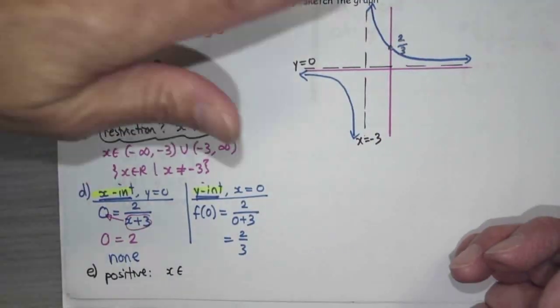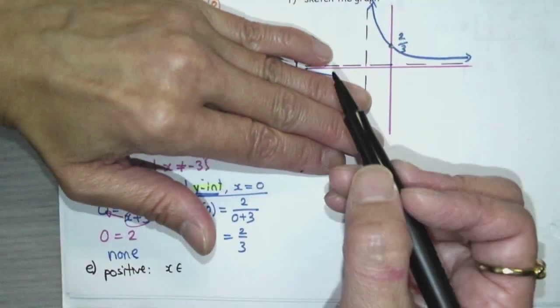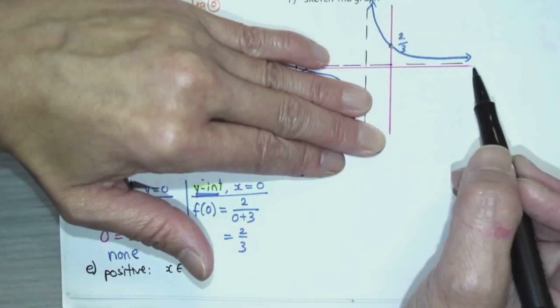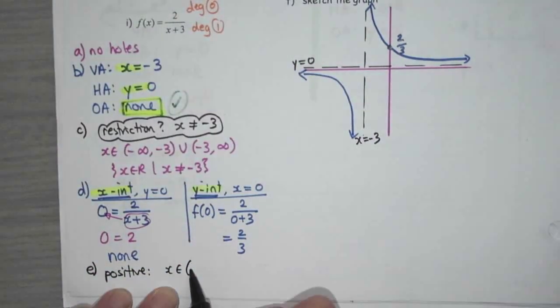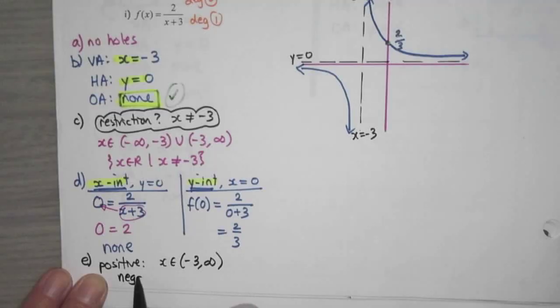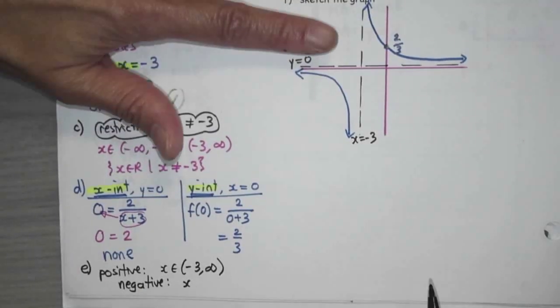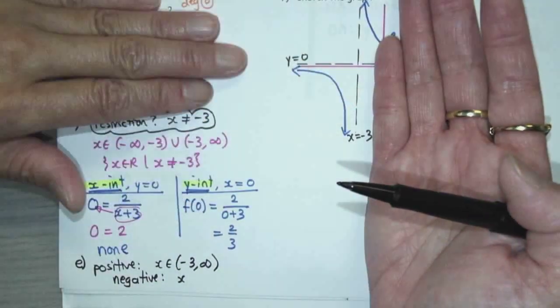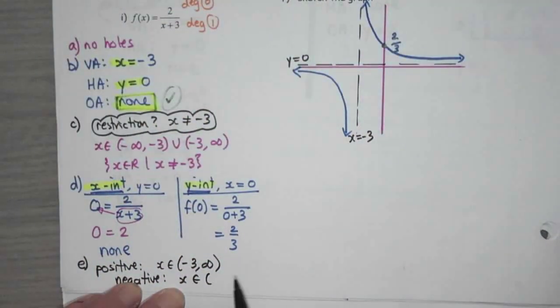Where are the y values positive? And you answer when x is to the right of -3. So you're going to say from -3 to infinity. And then I'm going to say, where is it negative? When are the y values negative? And you're going to say when x is to the left of -3.